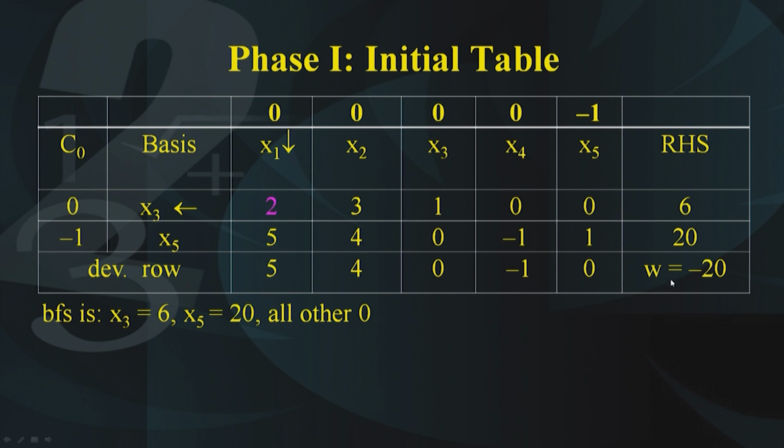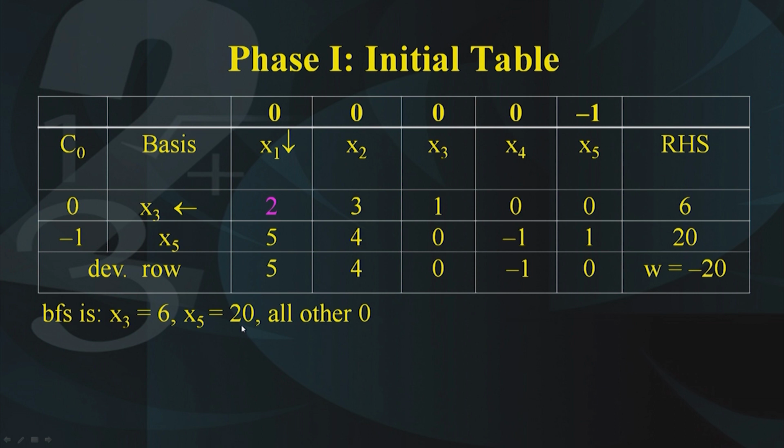Now, the objective function value for this modified objective function is minus 20, and therefore, we can say that the BFS is as follows, that is x3 is equal to 6 and x5 is equal to 20 and all other variables as 0.